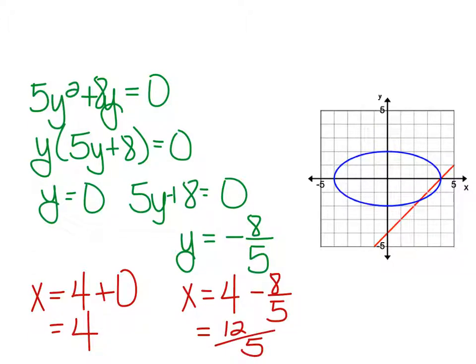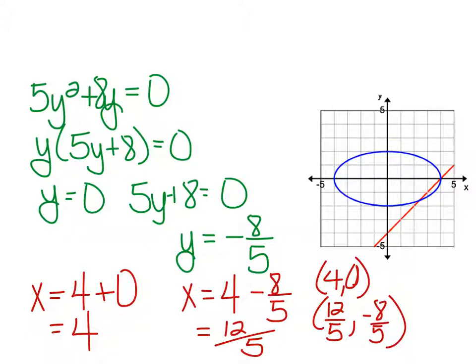So the 2 points where these two equations cross are (4, 0) and (12/5, negative 8/5). And if it helps, you can change those to a decimal. It just depends on what your problem asks for. But you can see our 2 points here, (4, 0), and then there's the (12/5, negative 8/5).